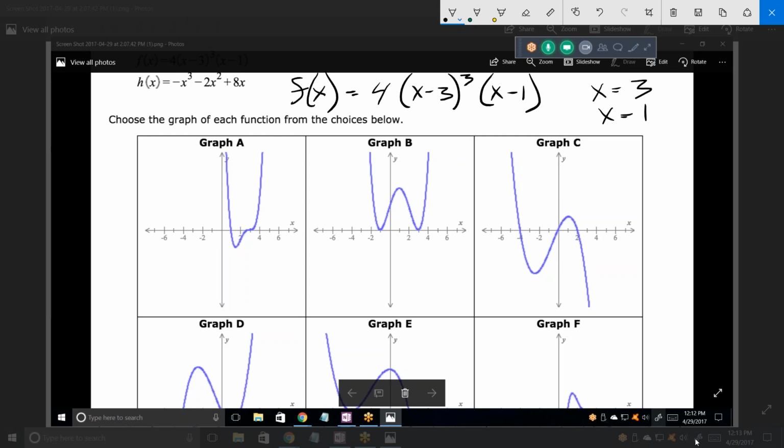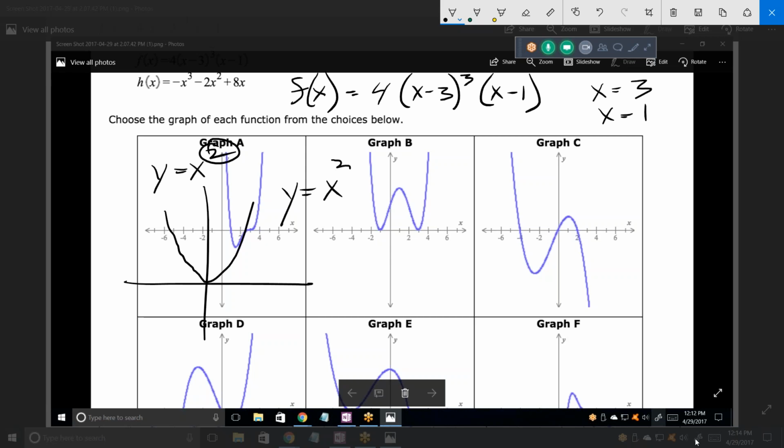If it's even, it kisses. Always refer back to equations you're very familiar with. That's y equal x squared, right? So even touches. Odd, if I got y equal x cubed, it crosses and goes through the x-axis like that.